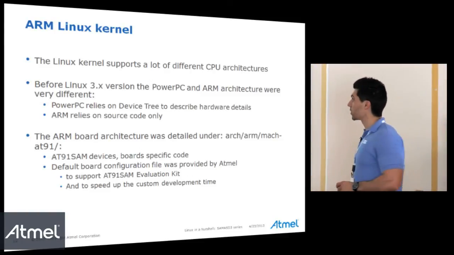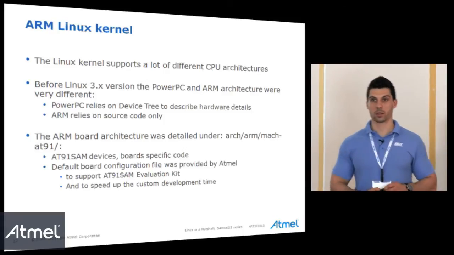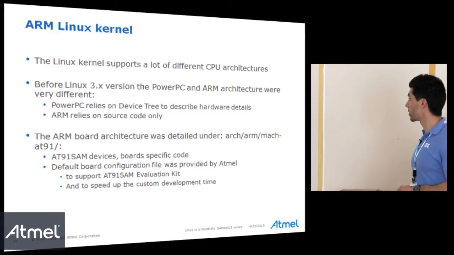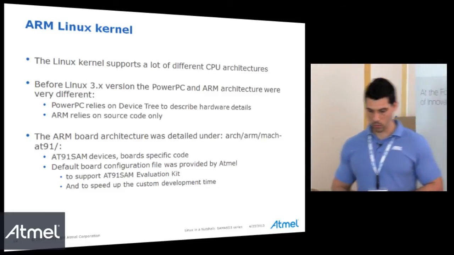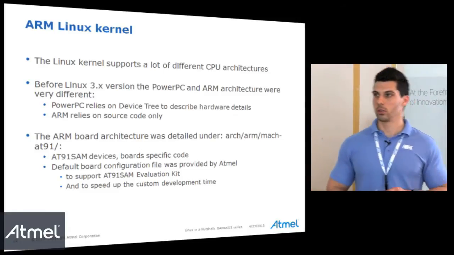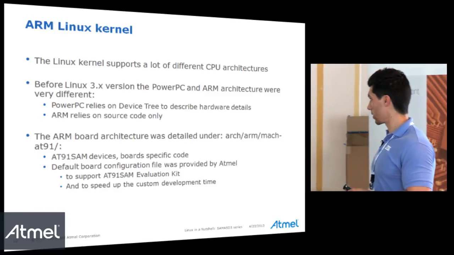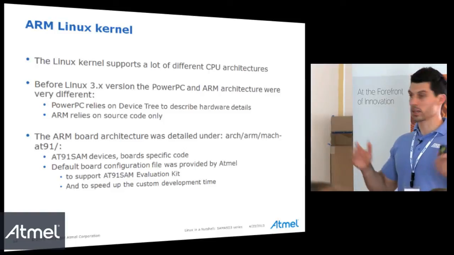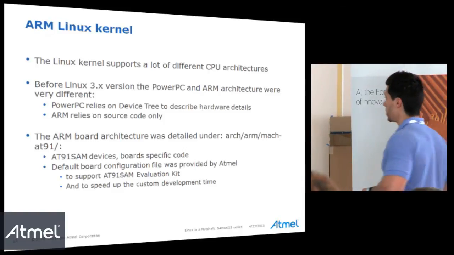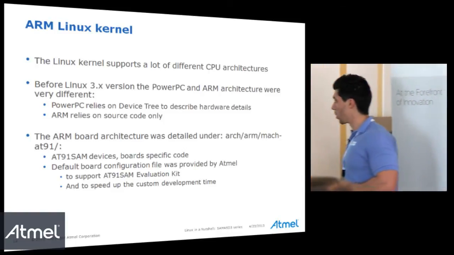Now let's talk in more detail about the Linux kernel. As I said, we moved our Linux distribution to version 3.6.9. Before Linux 3.x, PowerPC and ARM architecture were very different.